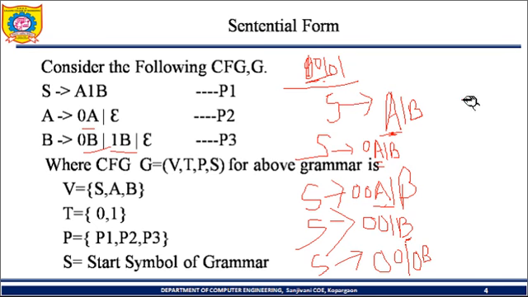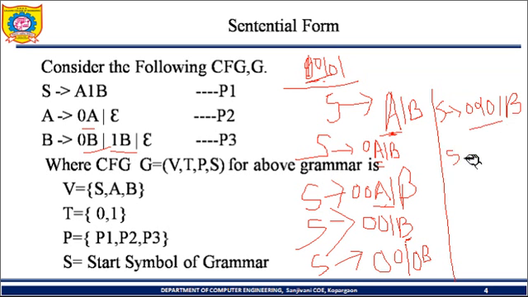So it will generate the string S tends to 0 0 1 0 1B, and now B is replaced with 1B. Now here you can see 0 0 1 0 1 string is over. After that B is still there.